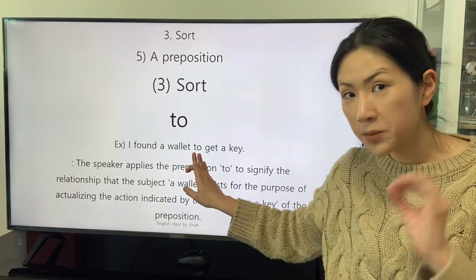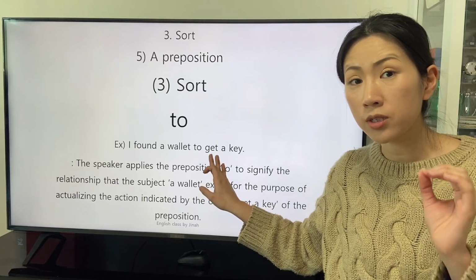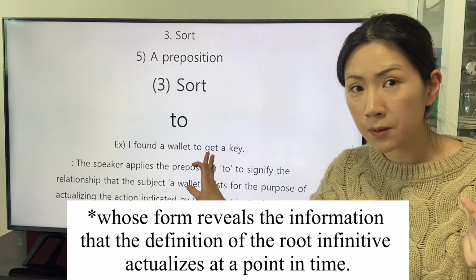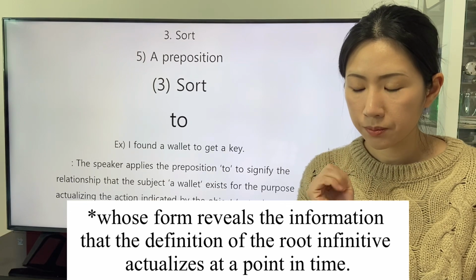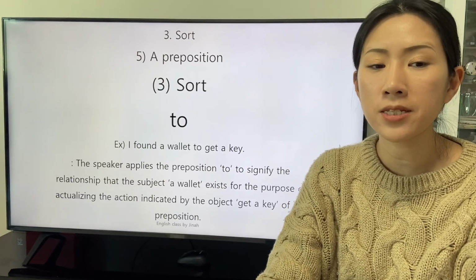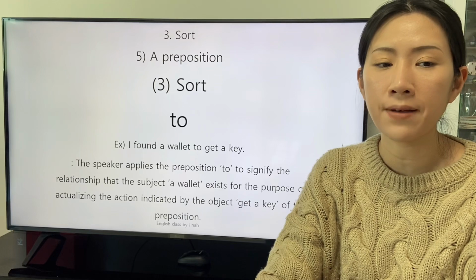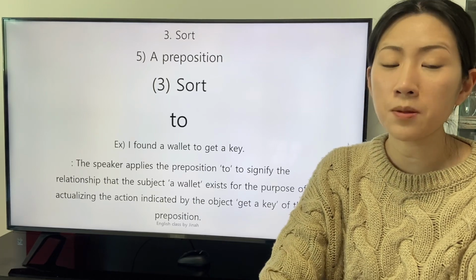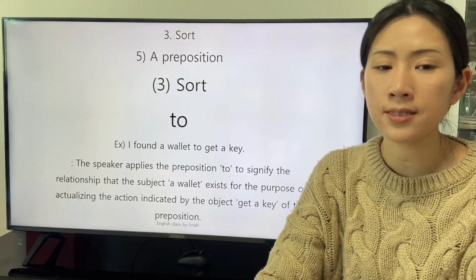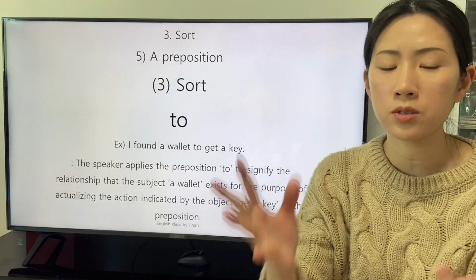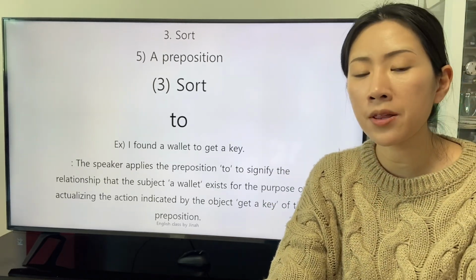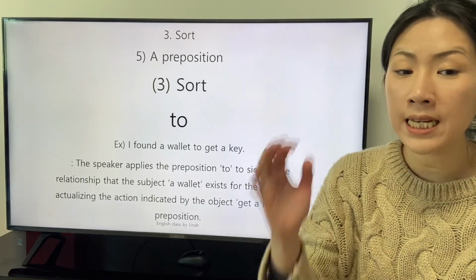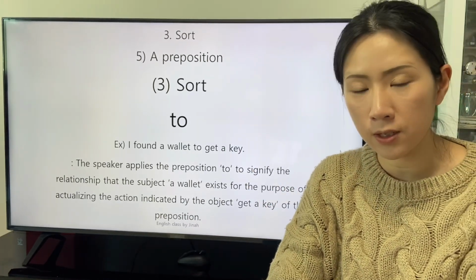Because of the object indicated by the root infinitive, the speaker applies the preposition to signify the relationship that the subject, a wallet, exists for the purpose of actualizing the action indicated by the object, get a key, of the preposition.